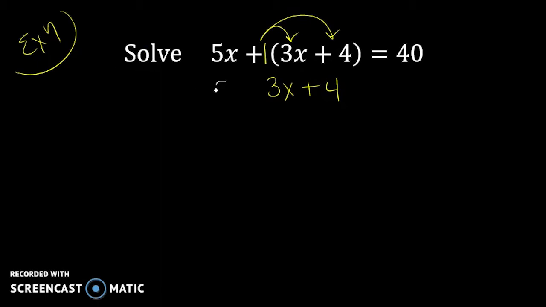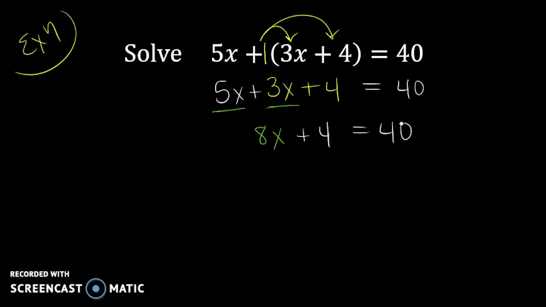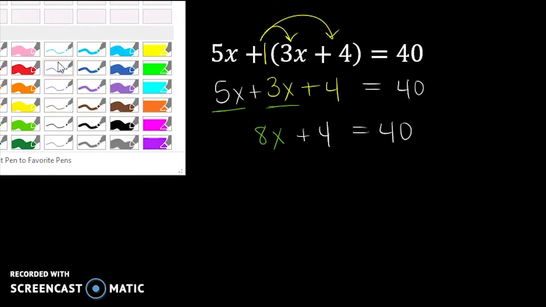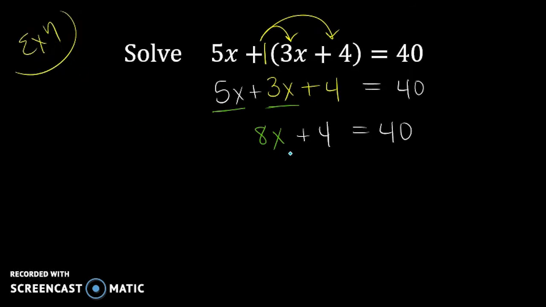So we'll have 5x plus 3x plus 4 equals 40. The next thing you should have done was combine your like terms. So I have a 5x and a 3x for a total of 8x plus 4 equals 40. And then the last thing I would do is solve.